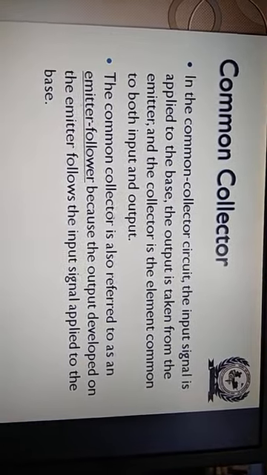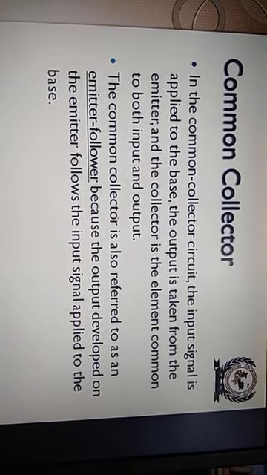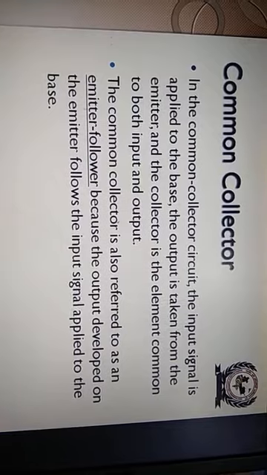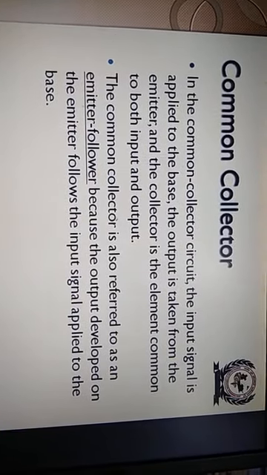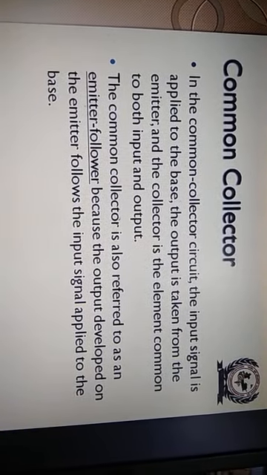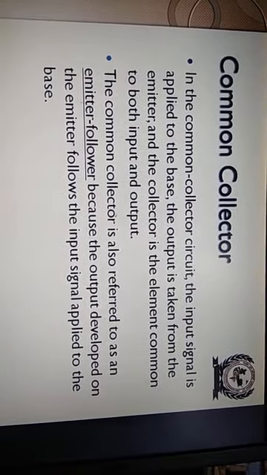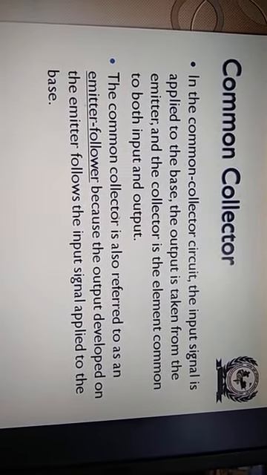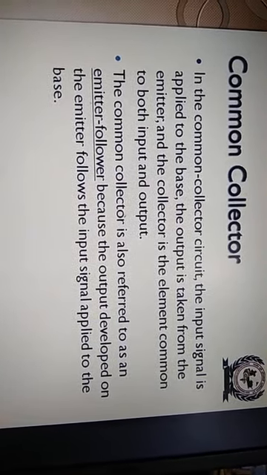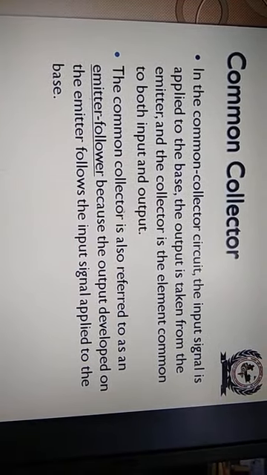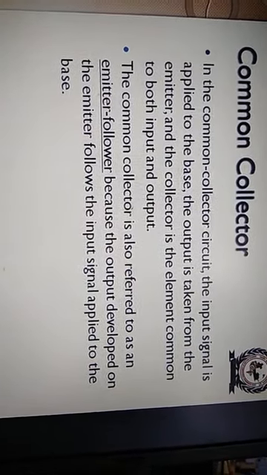In the common collector circuit, the input signal is applied to the base. The output is taken from the emitter. And the collector is the element common to both input and output. That is common between base and emitter.